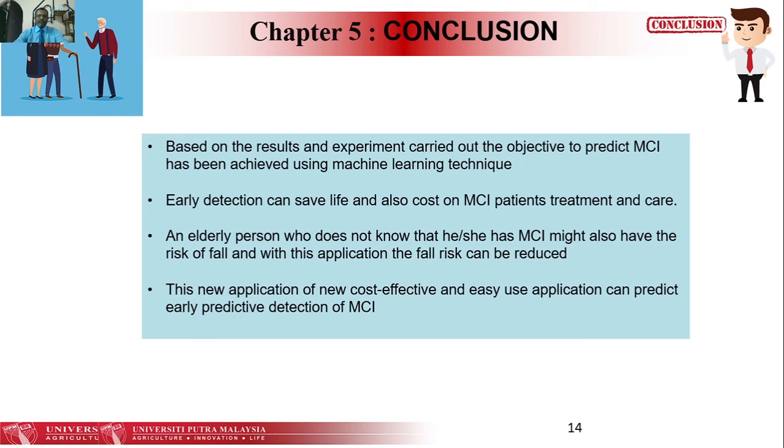So the risk of fall will be lesser, and this new cost effective and easy to use application can predict early detection, whereby an elderly person can also escape from the trauma of a blood test, MRI, and all the latest equipment tests.